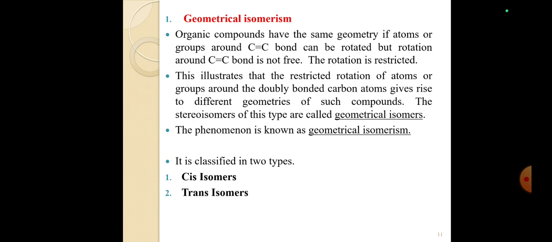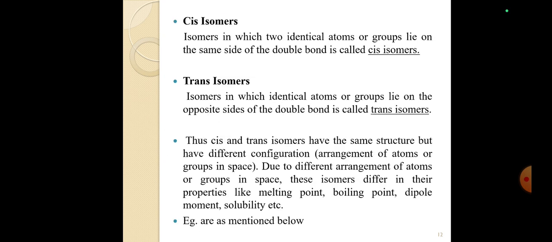Cis and trans, these are the two types. First, cis: isomers in which two identical atoms or groups are present on one side of the double bond, either upside or downside, are cis isomers.